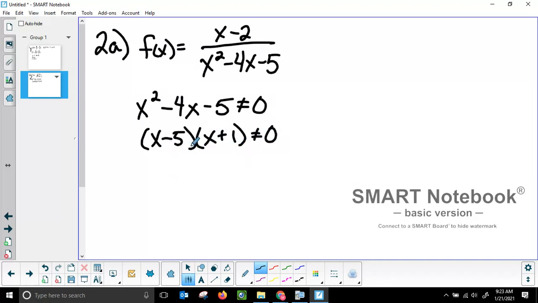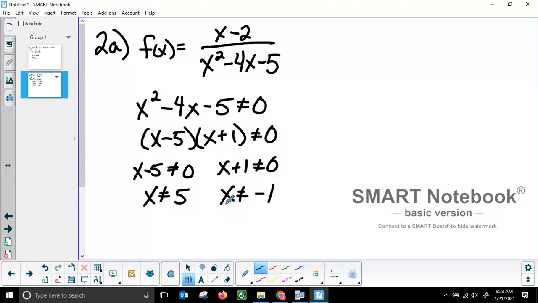Whenever we have two things set equal to, or in this case not equal to 0, we can do each one. So x minus 5 cannot be 0, and x plus 1 cannot be 0. So x is not allowed to be 5, and x is not allowed to be negative 1.